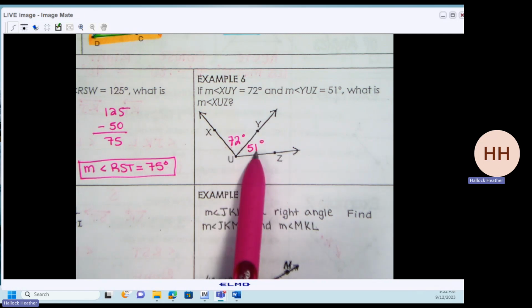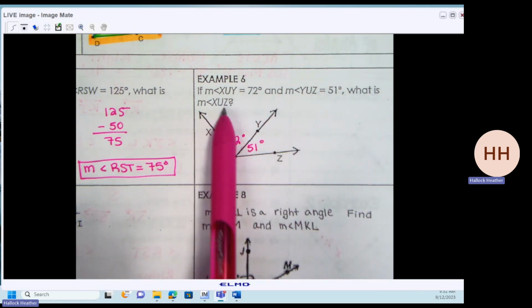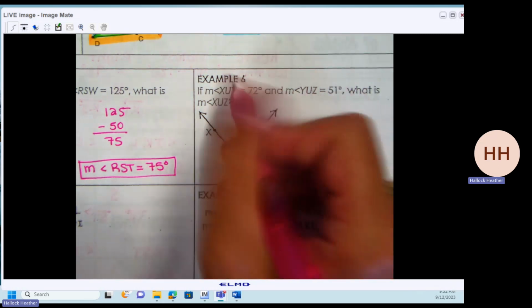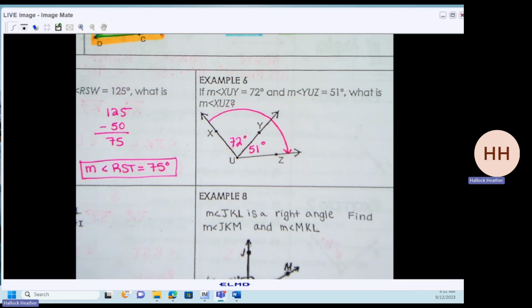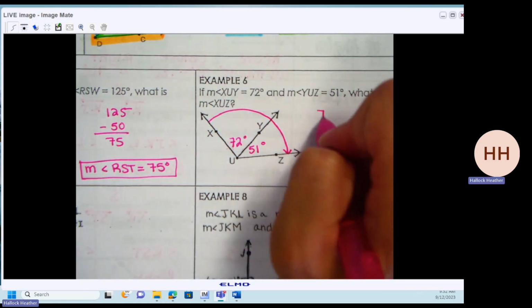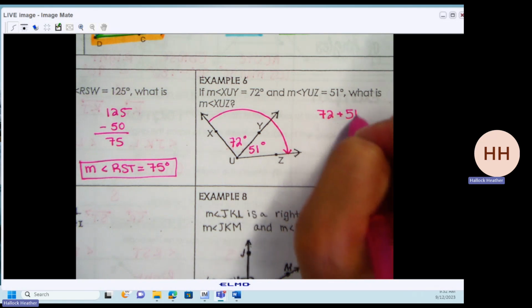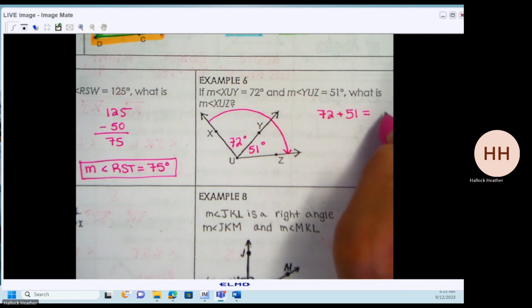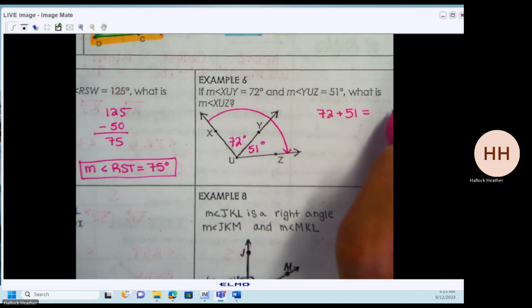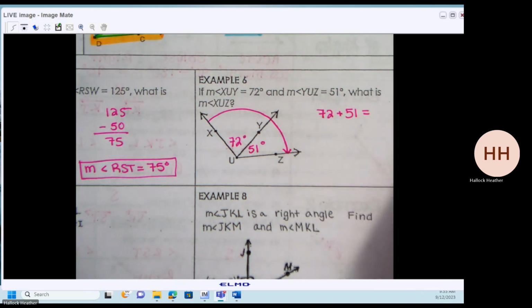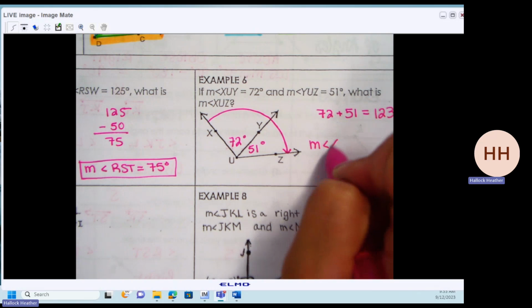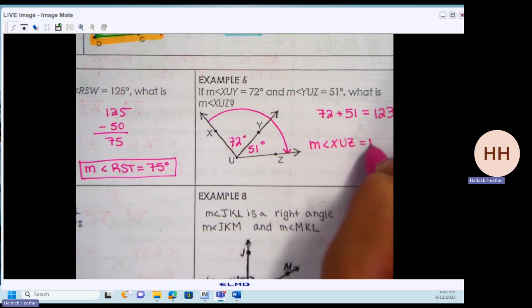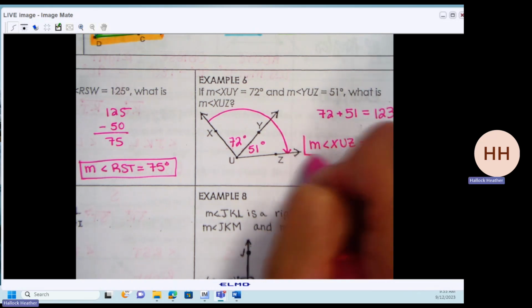YUZ is 51 degrees. I'm trying to find XUZ. XUZ is this entire exterior angle. It's the whole angle. So instead of subtracting, what am I going to have to do? Add it. So I'm doing 72 plus 51, which makes what? 123. So I would say the measure of angle XUZ equals 123 degrees.